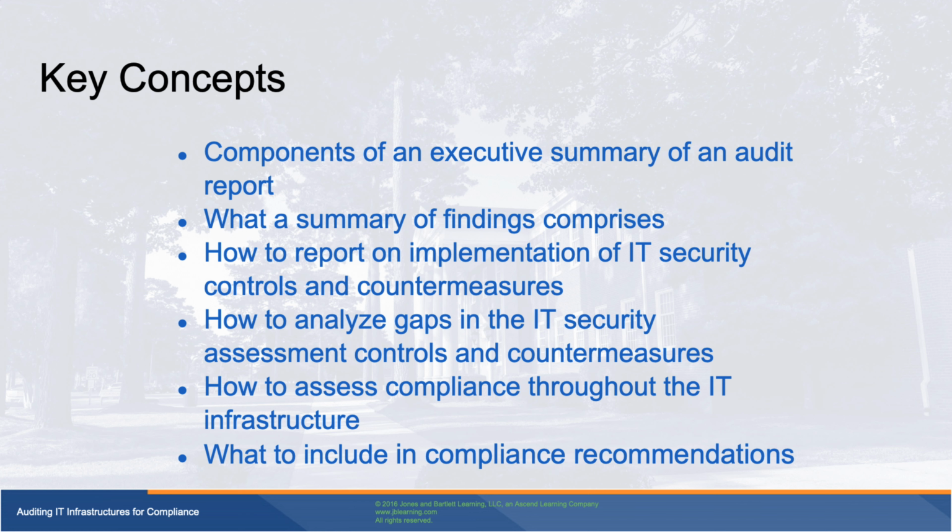We're going to talk about how to analyze gaps in IT security controls and give them that guidance on what they should do to fix their problems. And then your recommendations, what should be included in recommendations from the auditor.